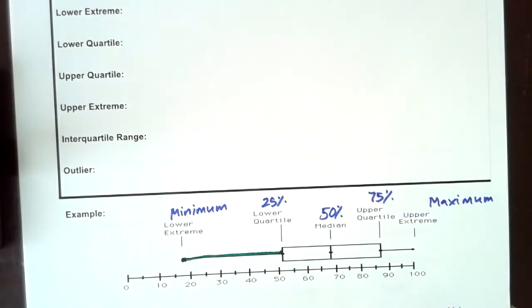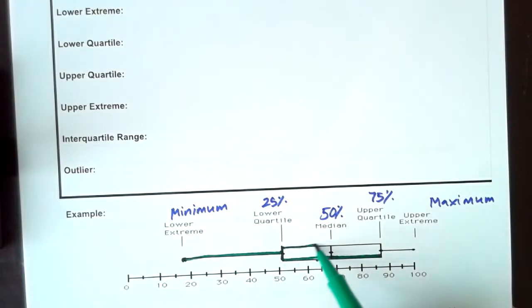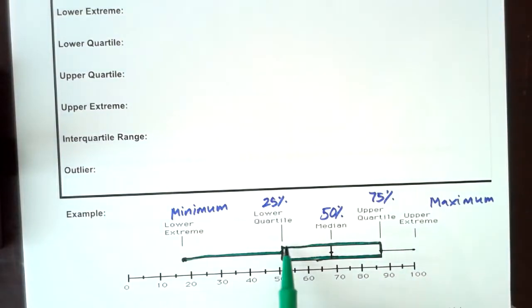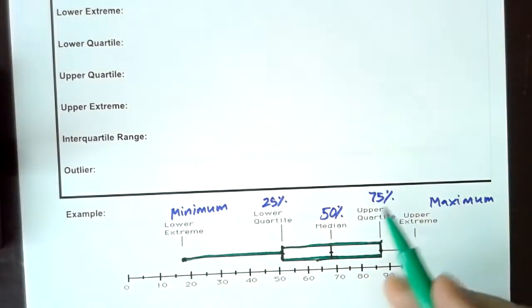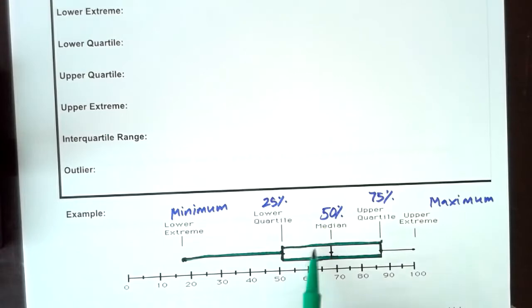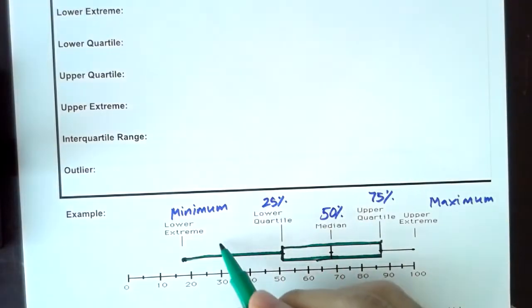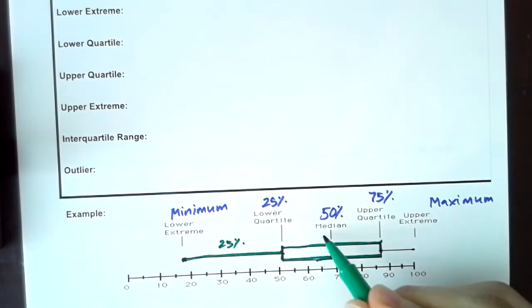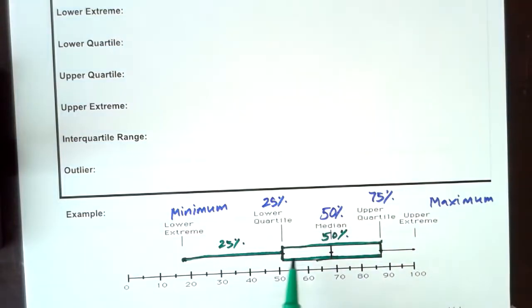We also know that this box is effectively the amount of data from the 25% mark to the 75% mark. So this box really has 50% of your data. This is 25% of your data. This is 50% of your data, the first quarter to the third quarter. And from here is your last remaining 25%, which is the third quarter to the 100 mark.